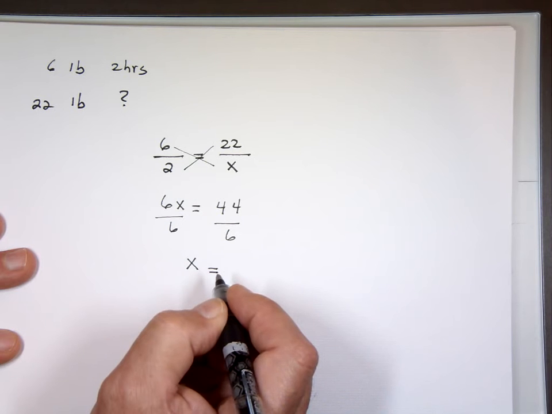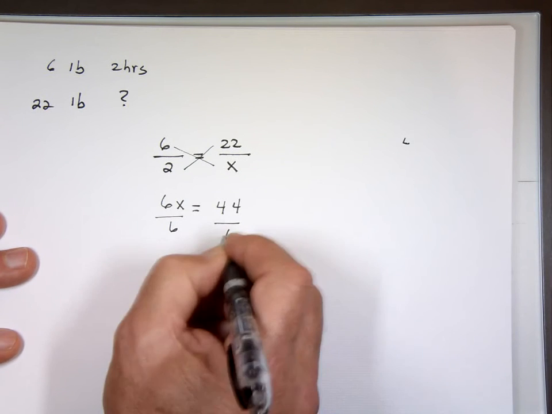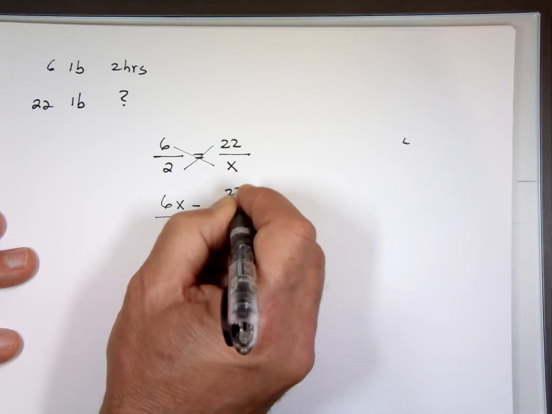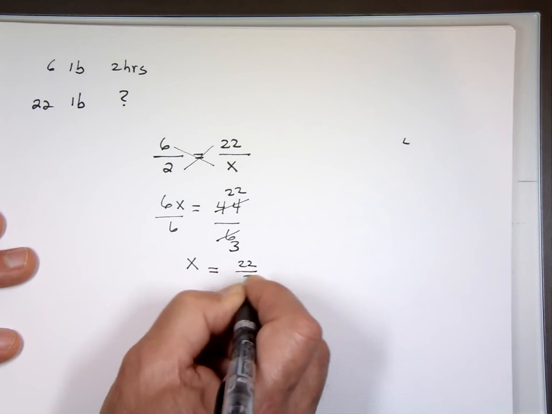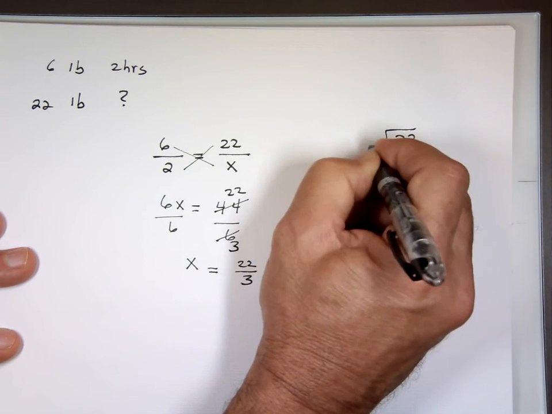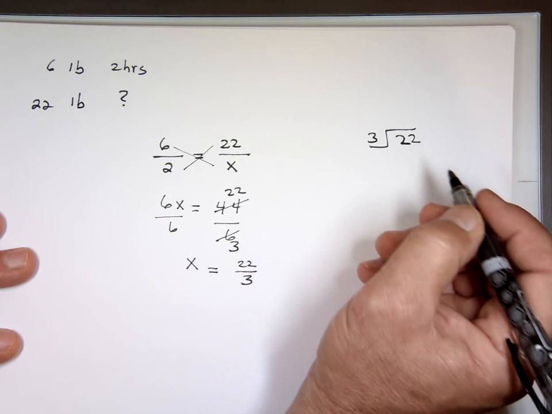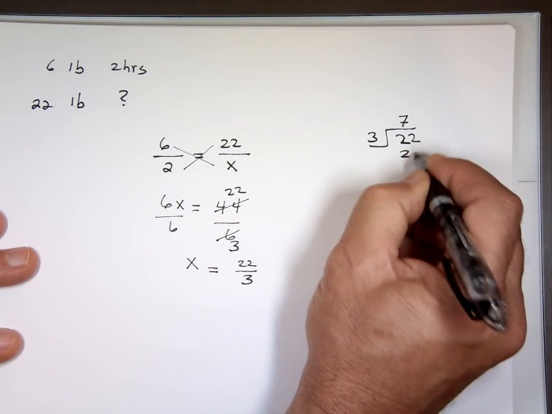8.5 hours? Let's see. If you simplify that, that's 22 over what? 3? If you divide 22 by 3, 7. 7 times 3 is what? 21, and what's the remainder? 1.